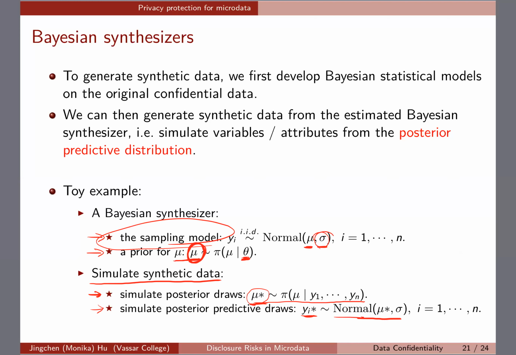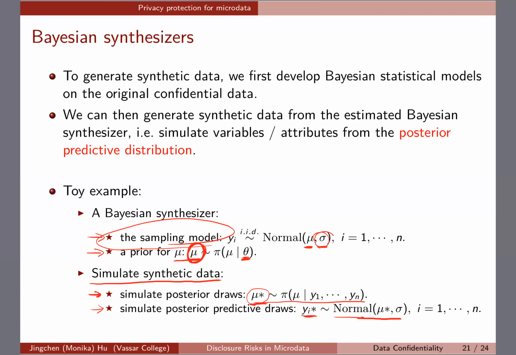So that flow, I hope, sounds familiar to you, and we did a lot of this in 347. In short, for a Bayesian model or Bayesian synthesizer, you have to have a sampling model and then give priors for the parameters. And then you estimate your model. You generate posterior draws from your MCMC. A lot of times, if you use JAGS, it's already simulated for you. You just have to extract them.